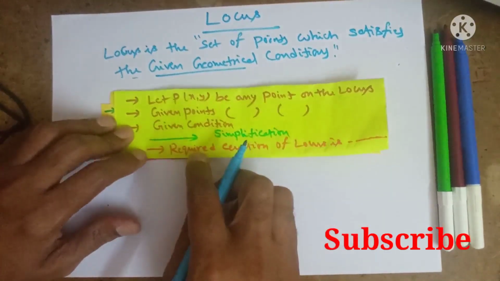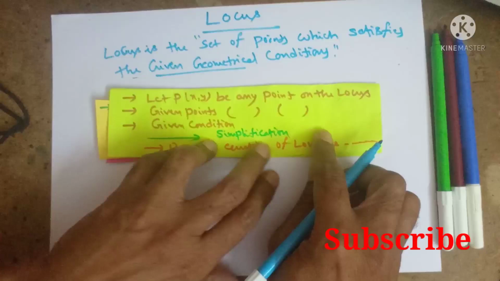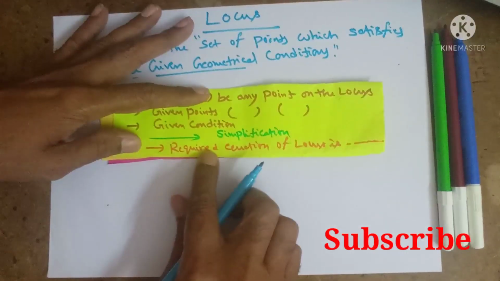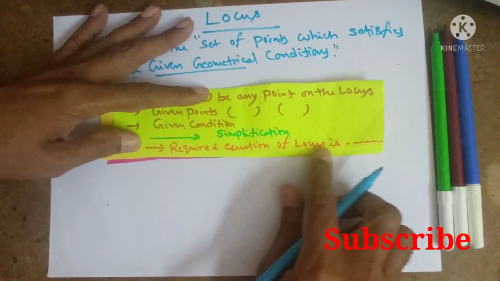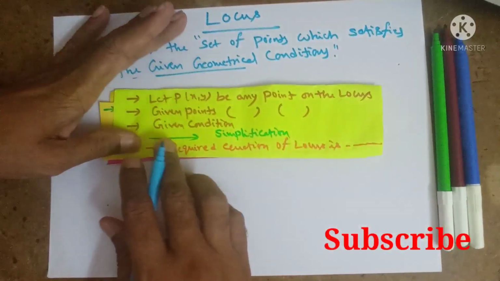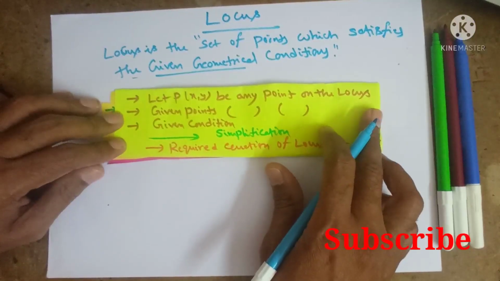Third step. From that condition we have to do the simplification. At last, conclusion: required equation of locus is. At last we will write the answer. So first one, let P of x comma y be any point on locus.